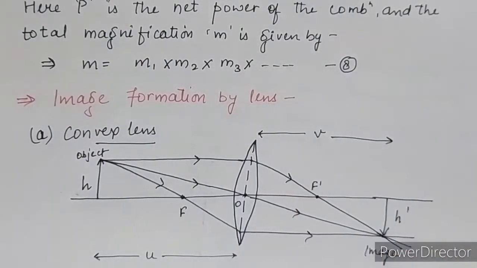So three rules are there: when the light rays are parallel to the principal axis, they will always pass through the focus, and when the light rays are coming from the focus, they will be parallel to the principal axis, and when the light rays go through the optical center, they continue on the same path, and where they meet, there the image is formed.